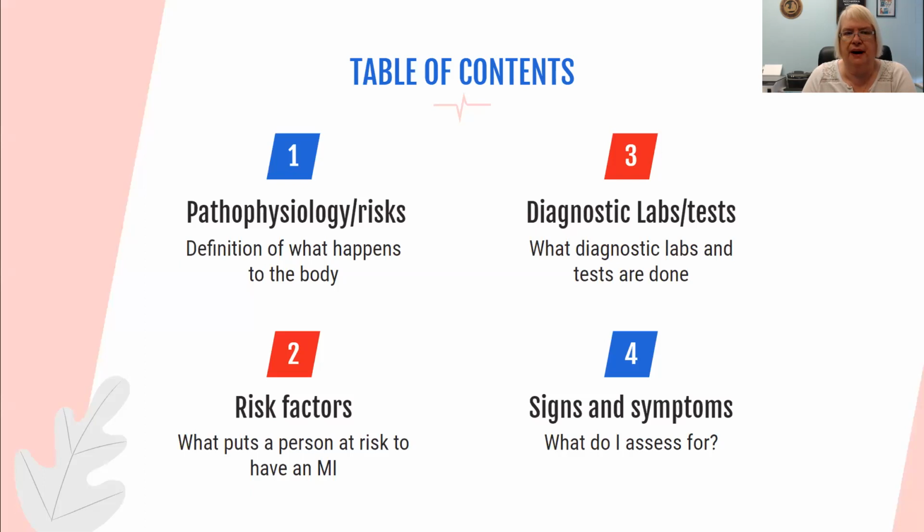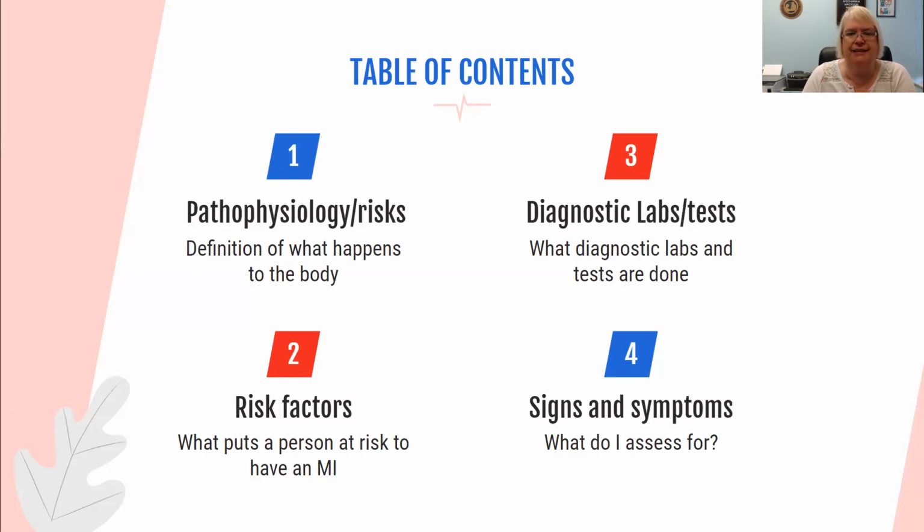So we're going to talk about pathophysiology and the risk. We're going to define what happens to the body, and that's essentially what pathophysiology is. We're going to talk about the risk factors, what puts a person at risk for an MI. Then we're going to talk about diagnostic labs and tests that they run on a patient that they think has had a myocardial infarction.